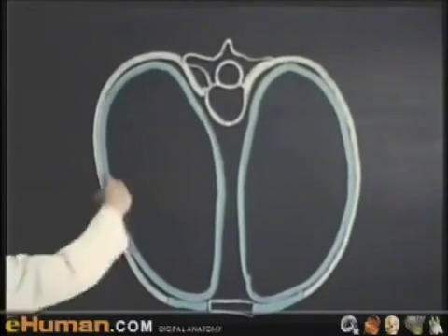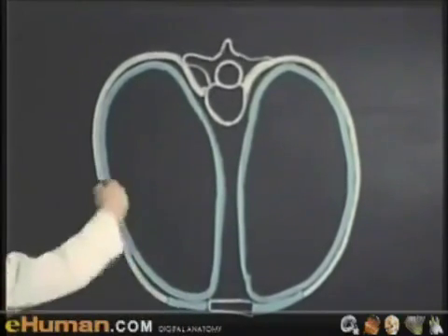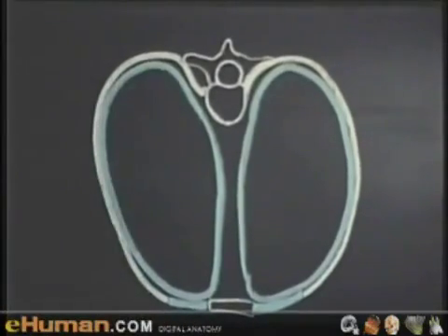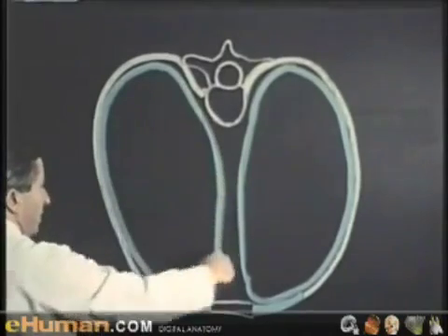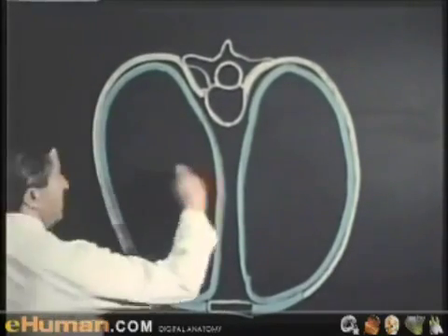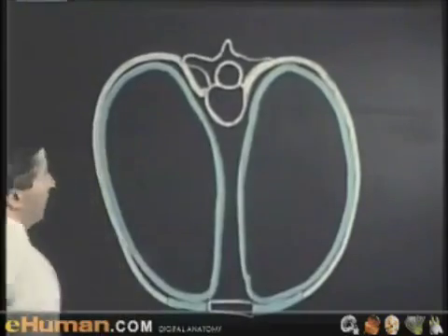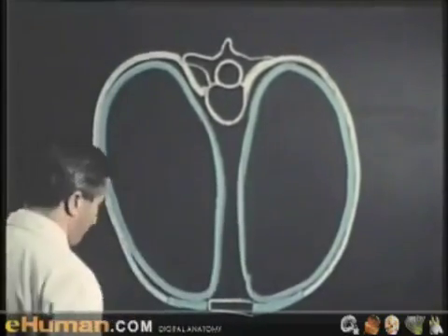Now the parietal pleura is named according to the area which it covers. For example, in this region here, it's lining the chest wall, so we refer to it as the costal parietal pleura. This region here, which is covering the mediastinum, we refer to as the mediastinal area of parietal pleura. And this area on either side, which will be occupied by the lungs, we refer to as the pulmonary chambers.